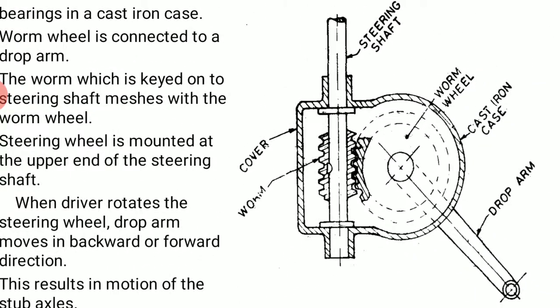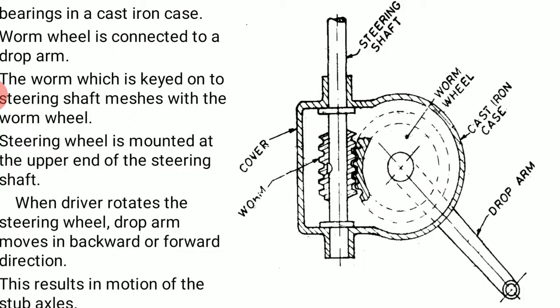That is the steering shaft. When the steering is rotated, the worm is rotated. In turn, when the worm is rotated, automatically the worm wheel is rotated. Gear teeth are provided to that also. Then automatically it will tilt this drop arm.